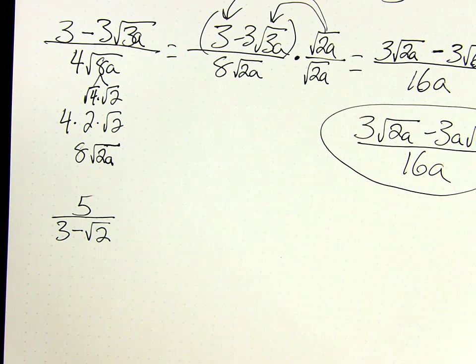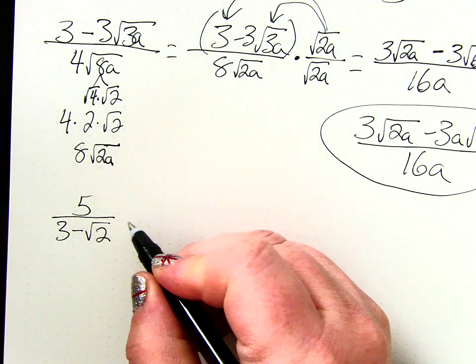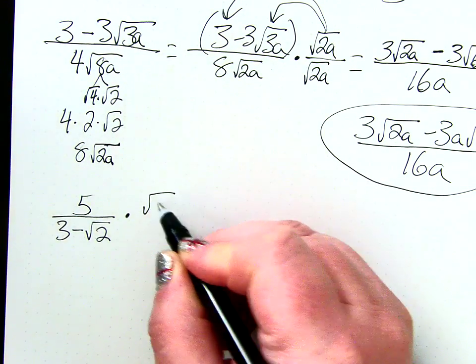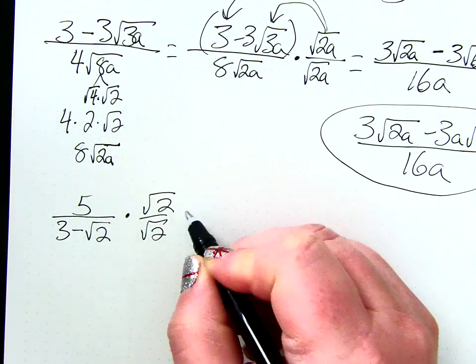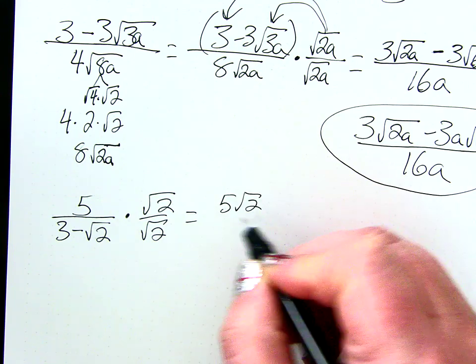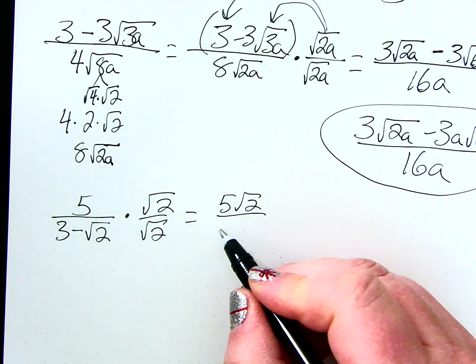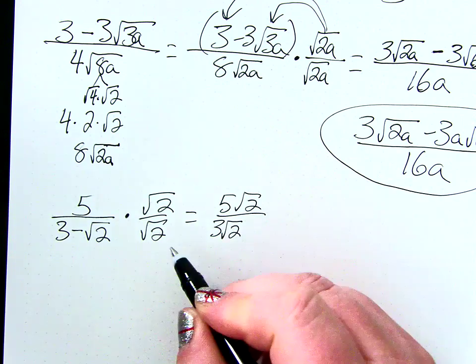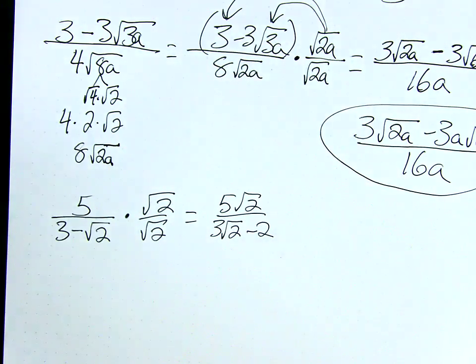So that's a really good guess. Well, let me back up. Usually, the most common guess is to just do the same thing I have been doing and multiply by the square root of 2 over the square root of 2. Don't you write this down, but watch what happens if I try that in a case like this. Up top, I get 5 root 2, and then on the bottom, I have to distribute, so that would get me 3 root 2 minus 2.